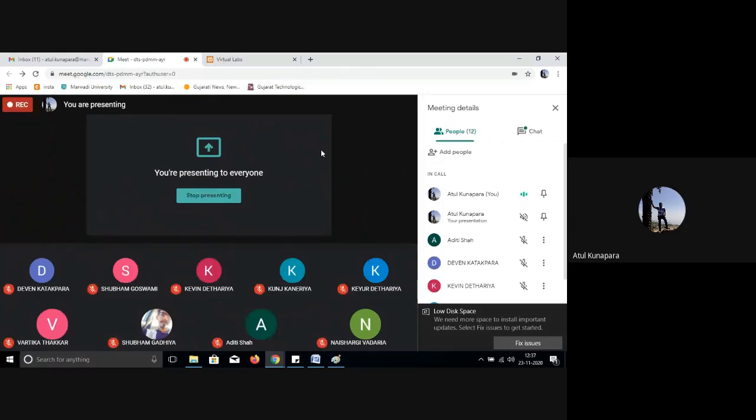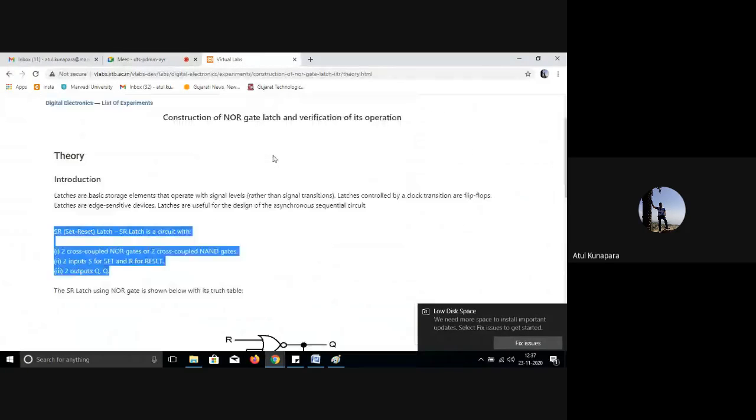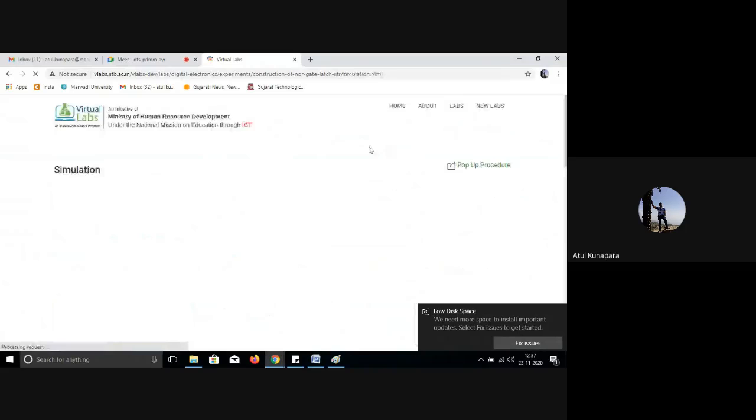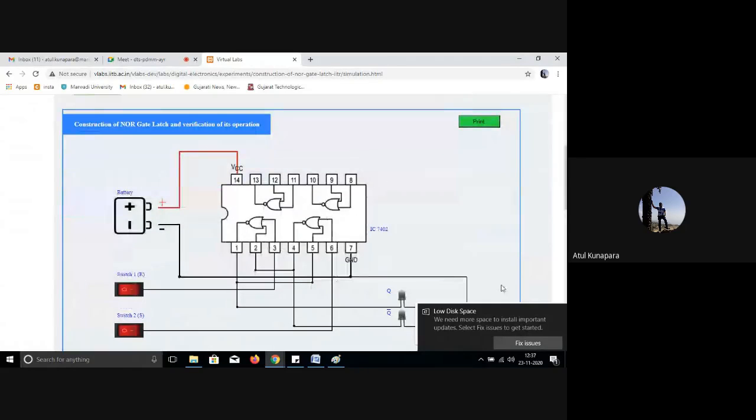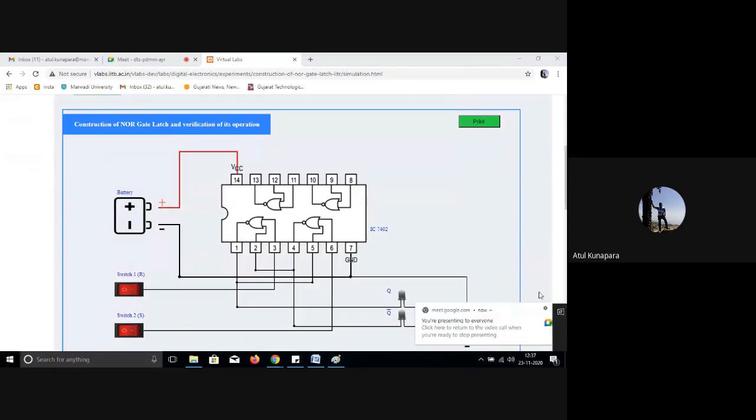I'm giving you the link for this virtual lab. You will be verifying it through the virtual lab. Let me first show you, and then I will share the link. On the simulation side, you will have this one window only. Here, two NOR gates are required.